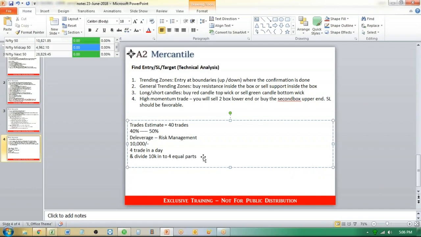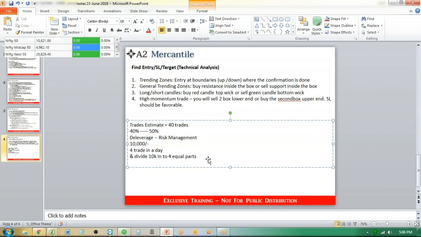On any given day, it is very hard to believe that if you are working so hard and you understand the market so well, on all 4 trades you will go wrong. Extremely hard to believe. So this will deleverage your position and add risk management, especially when you trade with bigger quantities.